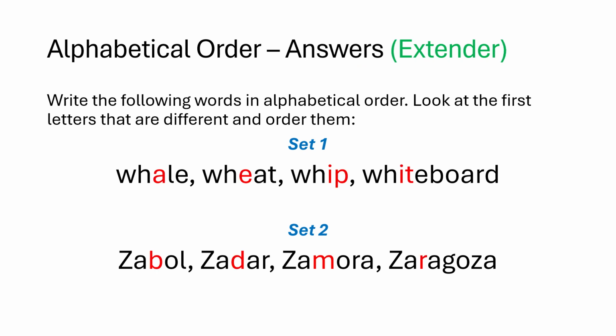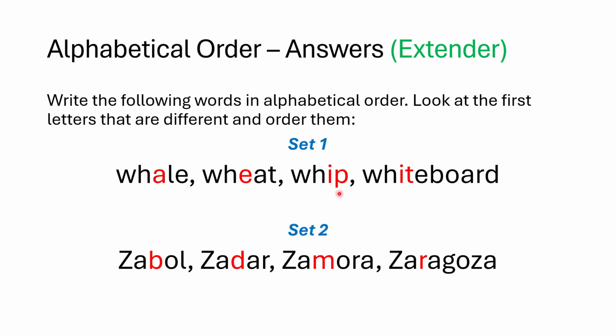Check your answers. These words are in alphabetical order by looking at the subsequent letters that are different. The third letter in whale is A. The third letter in wheat is E. The third letter in whip is I. A comes first, then E, then I. The third letter in whiteboard is also I, so we look at the fourth letters.